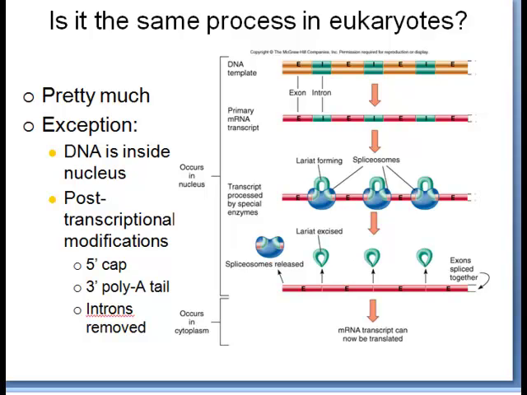I tell students to think of a shoelace and how you have the caps on it. Think of the poly A tail and the cap, something like that. These are called post-transcriptional modifications, because after the mRNA is formed in the nucleus, and before it leaves the nucleus through the nuclear pore, these modifications are done.